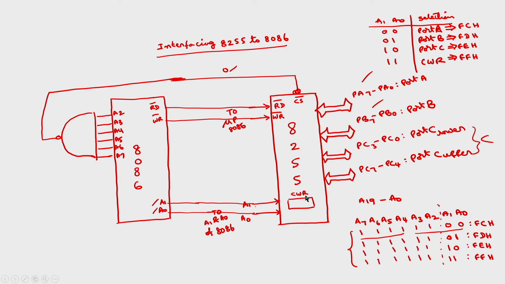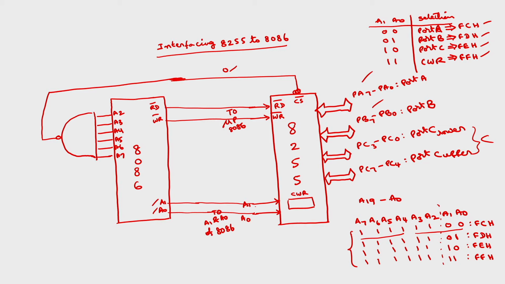Now with this interfacing diagram, the address of port A is FCH, port B is FDH, port C is FEH, and the control register is FFH. Suppose I want to connect at any other address locations, then accordingly you have to set these connections. This is how we can connect the 8086 to the 8255.